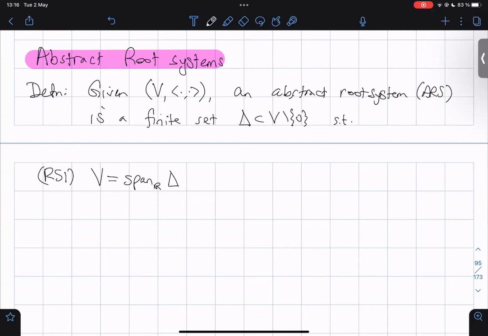The real span of delta, the roots, is all of V.